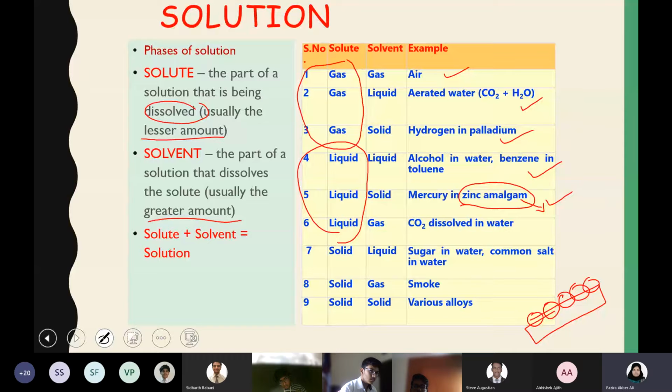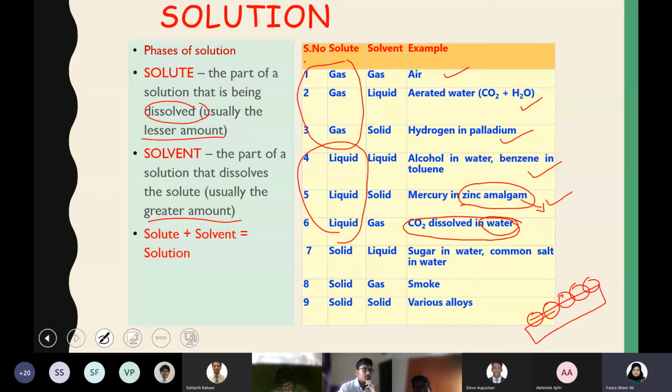Sixth example, liquid in gas. Here it should be the other way, because the solute should be less in quantity. So water should be less than the amount of carbon dioxide.